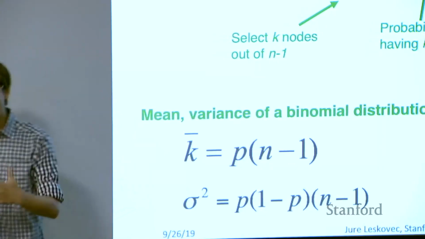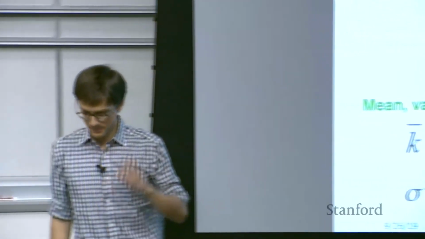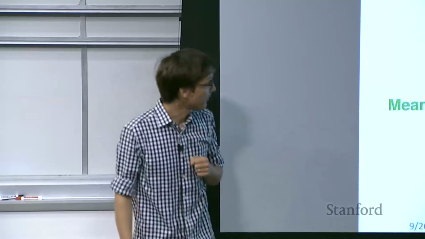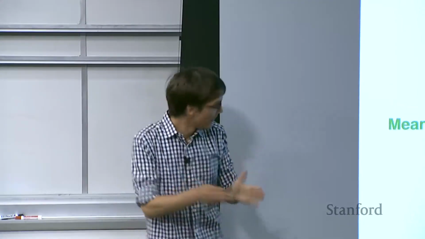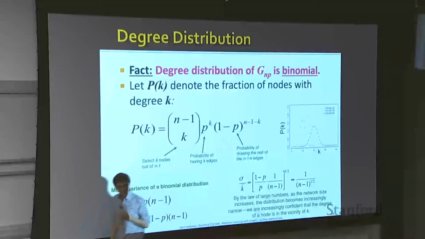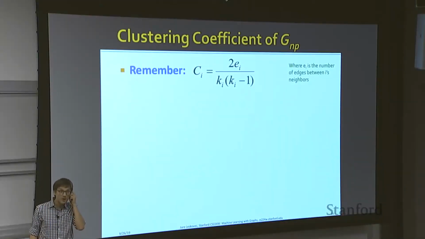So this is essentially a graph where everyone has the same degree in the limit. Or at least you can think of it that way, because the variance will be getting smaller and smaller. So that's the first property.